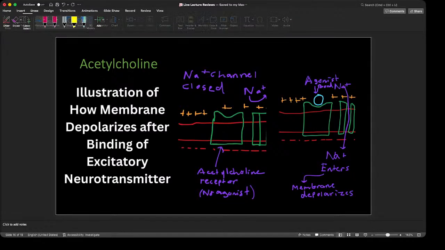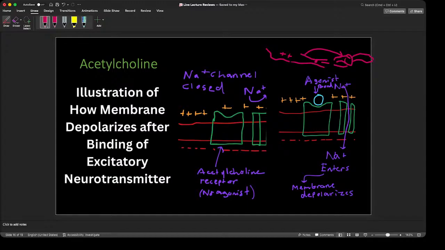Just going to briefly draw out a little diagram here. So whenever you have a little bit of depolarization, the action potential at the axon terminal, it's going to cause that information to flow from one neuron cell to another.